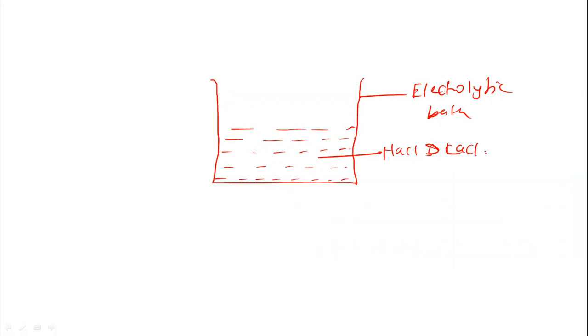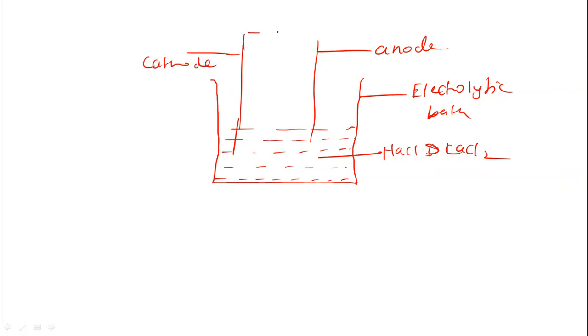Then insert the two electrodes, one cathode and the other anode. Suppose this is the anode and this is the cathode. Connect the cathode to the negative terminal. We pass the electricity through these electrodes.